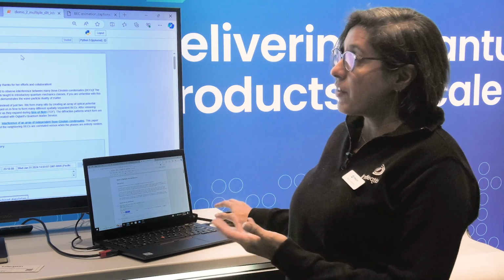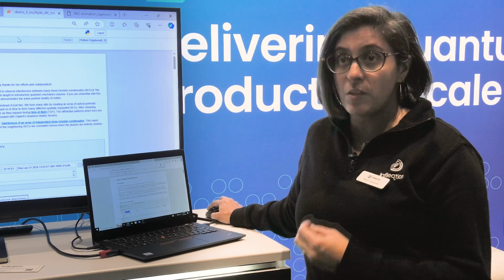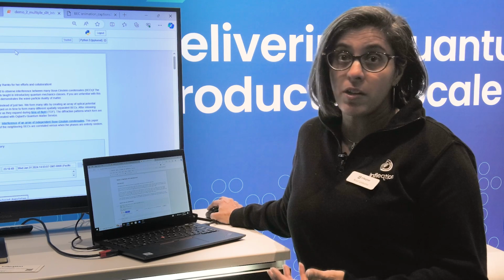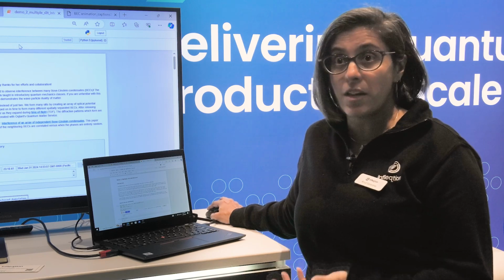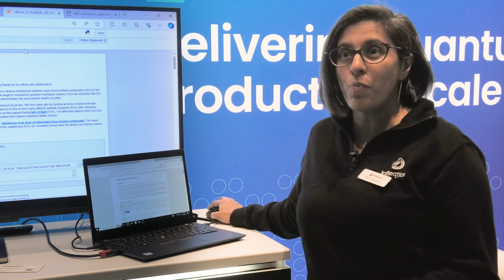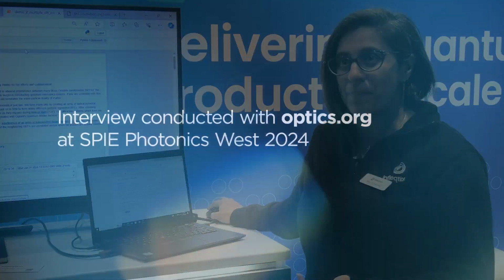Here we have an example of a multi-slit interference experiment. This was contributed by a user out of the UK, Dr. Carrie Widener. She created a notebook, ended up demonstrating interference, and then shared that notebook with us. So anybody can share what they discover using our platform.